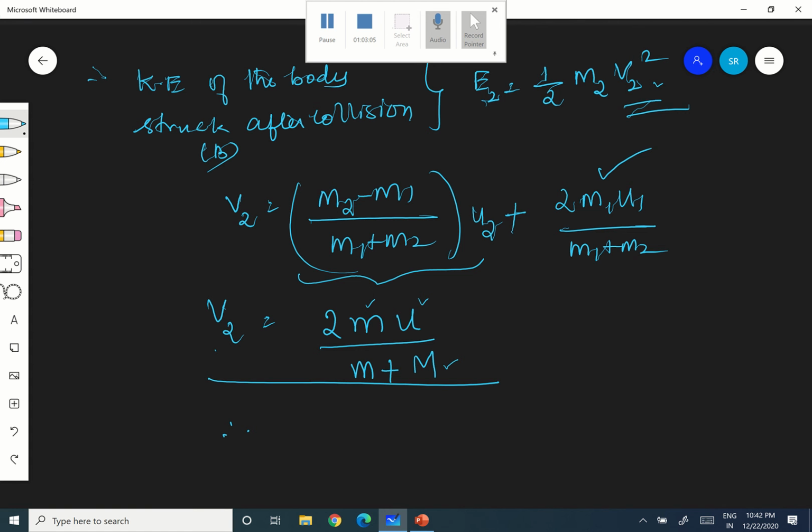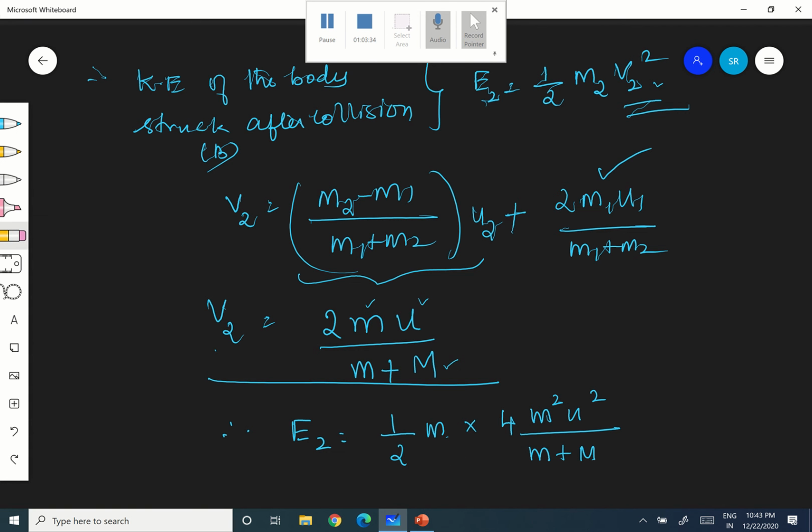Therefore, substituting V2 in E2, E2 will be half M2 V2 squared. Therefore, that is nothing but 4 m squared U squared divided by m plus M, the whole squared.